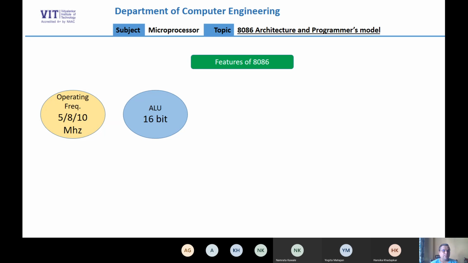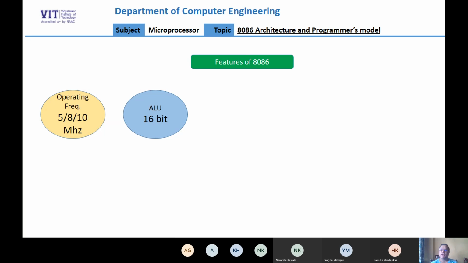But if I ask you to use the 8086 processor to perform addition of two 32-bit numbers, will it be able to do it? Because we are saying the ALU capacity of 8086 processor is 16-bit, and I wanted to use it to perform addition of two 32-bit numbers.